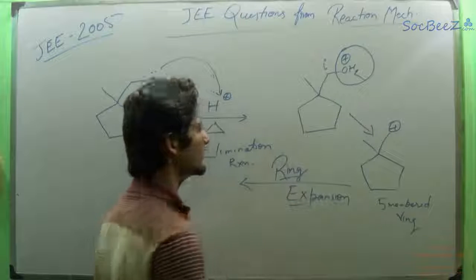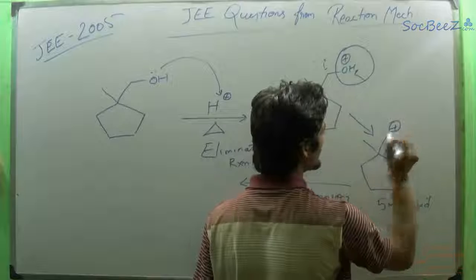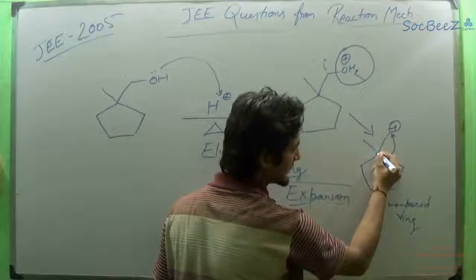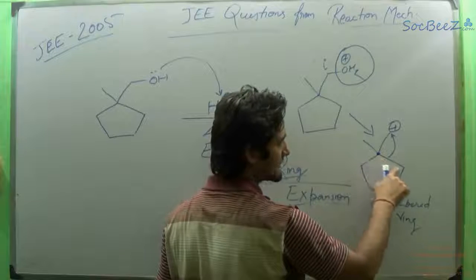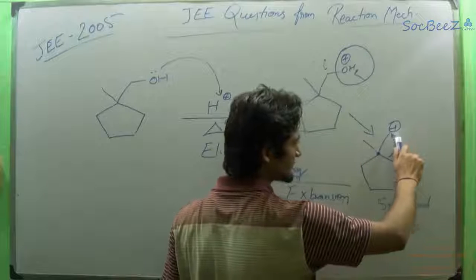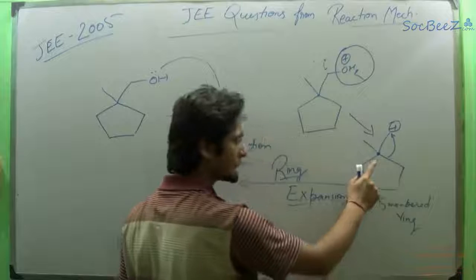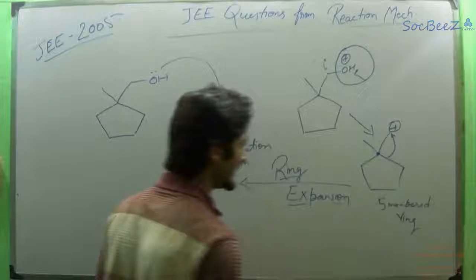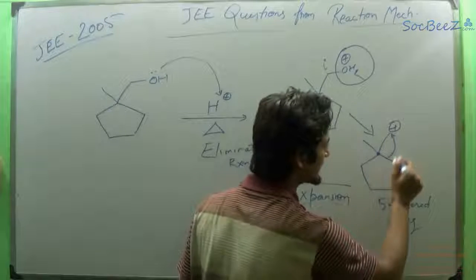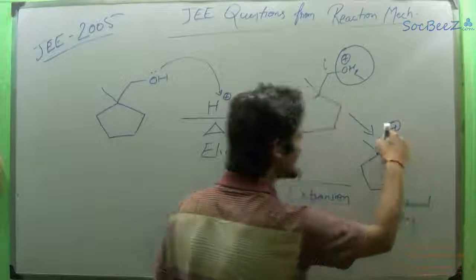That is, this bond is being moved to this position. So this carbon is suffering a loss of valency because this carbon is attached to this carbon in the previous case. Now this bond is shifted to this position. This carbon will no longer have this bond, hence a vacant position, hence a positive charge. And on observing, we can see the new ring which is formed is a 6-membered ring, because a new member is being added to this ring.